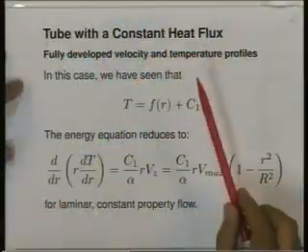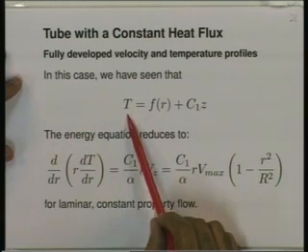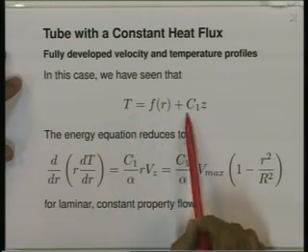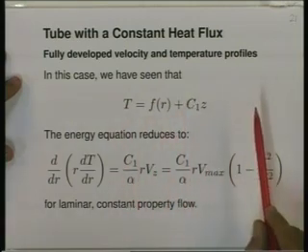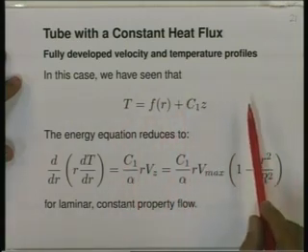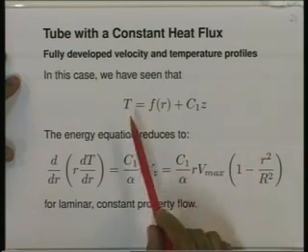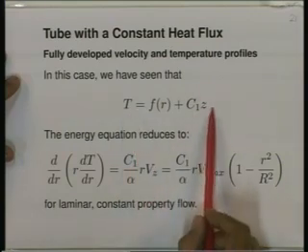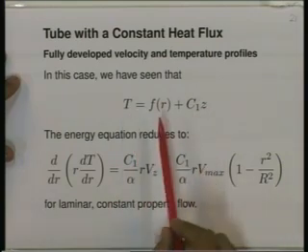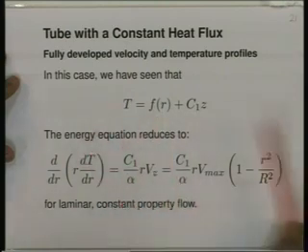Now, we have a constant heat flux, and this indicates that the mean temperature of the fluid will go on increasing linearly with z, which is the distance along the flow. So, we can say that the temperature in the fully developed case would be some constant into z plus some function of r.